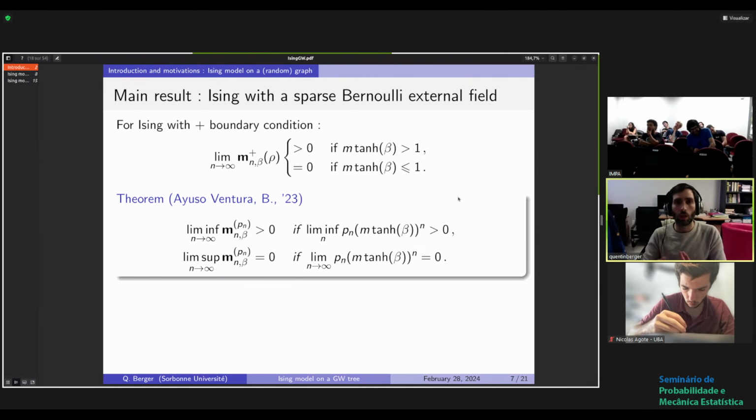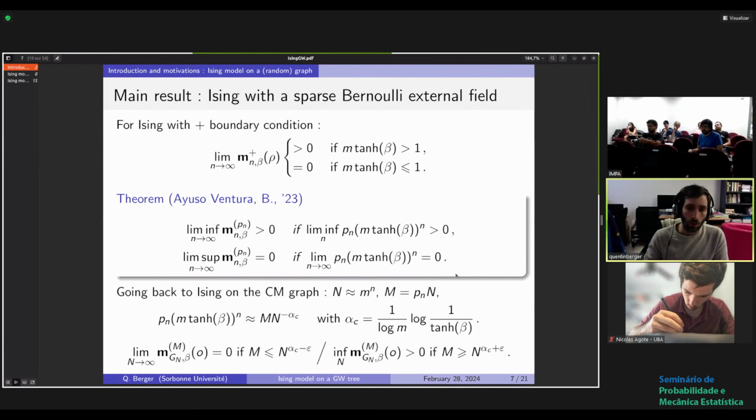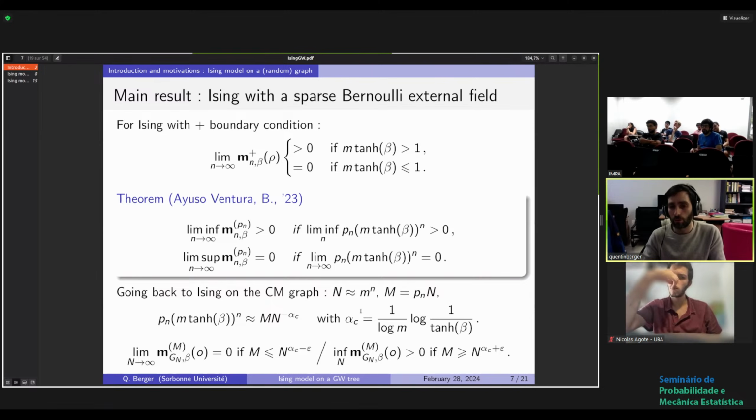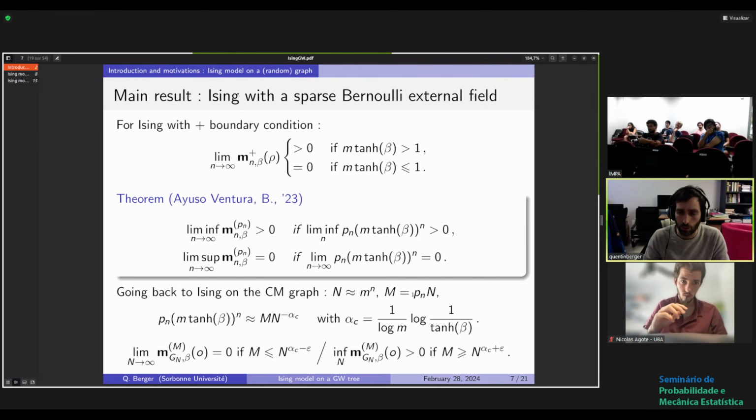Before I go on to the proofs, first I'll go into the proof of the first part with plus boundary condition. Let me go back to the configuration model. If you go back to the configuration model, the total number of vertices will be roughly m to the power n, right? You have a tree with mean offspring distribution m. After n steps, you have roughly m to the n vertices in that tree.